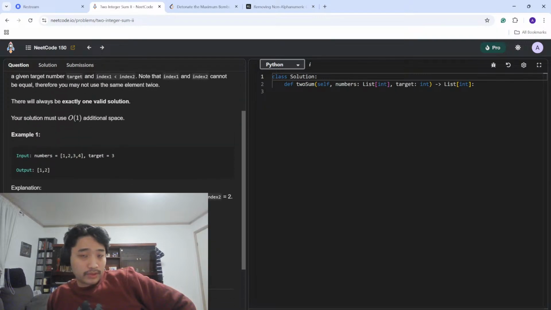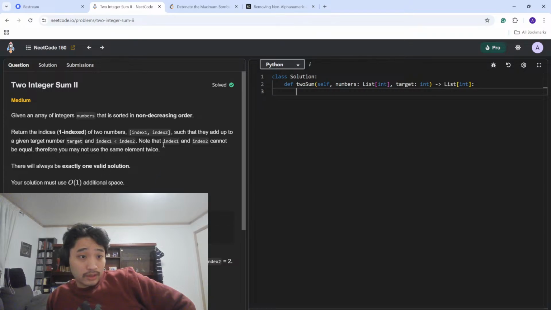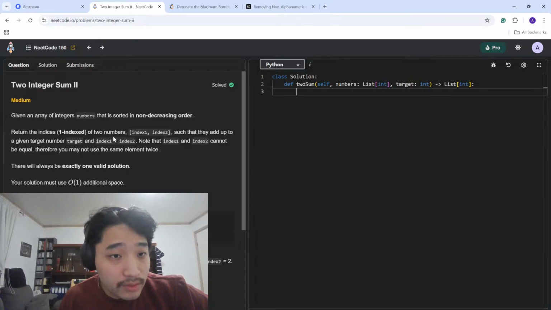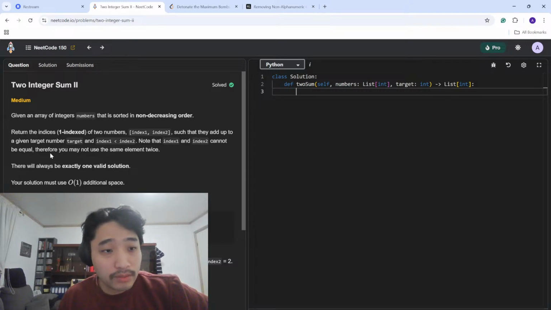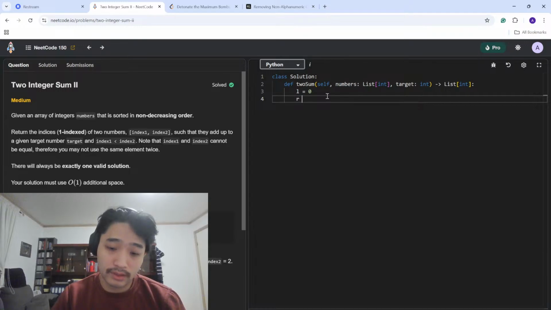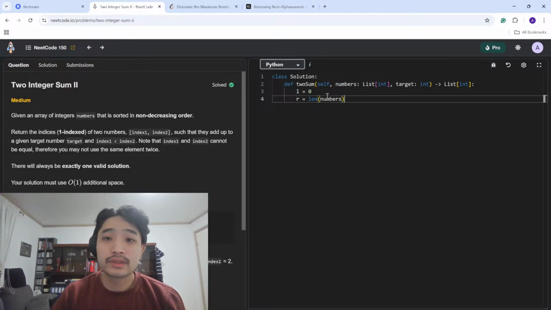Seems pretty straightforward. It's non-decreasing. Is there a case where it will give another? Cannot be equal, therefore you may not use the same element twice. There will always be exactly one solution. Okay, pretty straightforward. Left pointer is 0, and right is len of numbers.